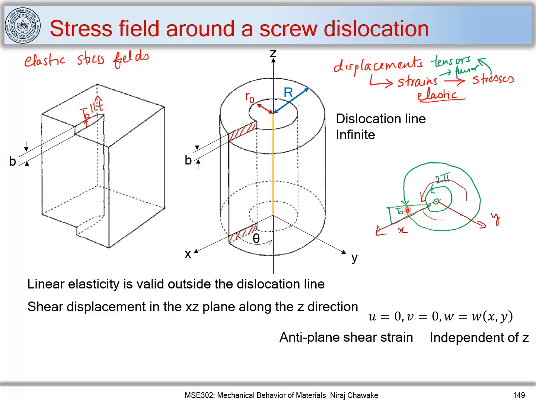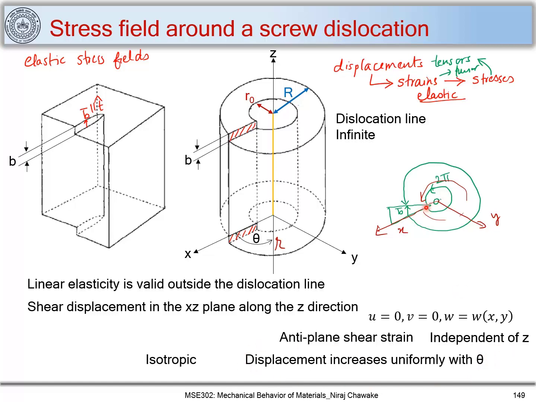this displacement is independent of r also. r is nothing but, let me write it down, the radius of this cylinder. So when I traverse by 2 pi, the displacement is also independent of r. When I consider the material to be isotropic, this displacement increases uniformly with theta.